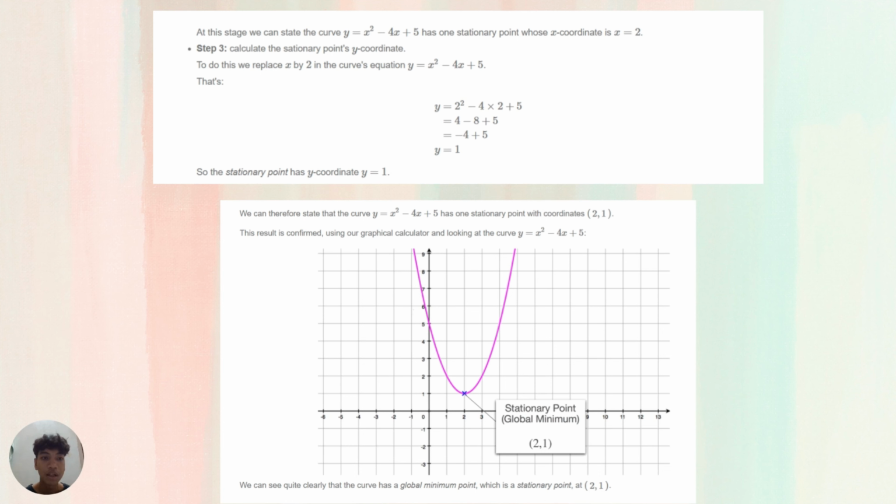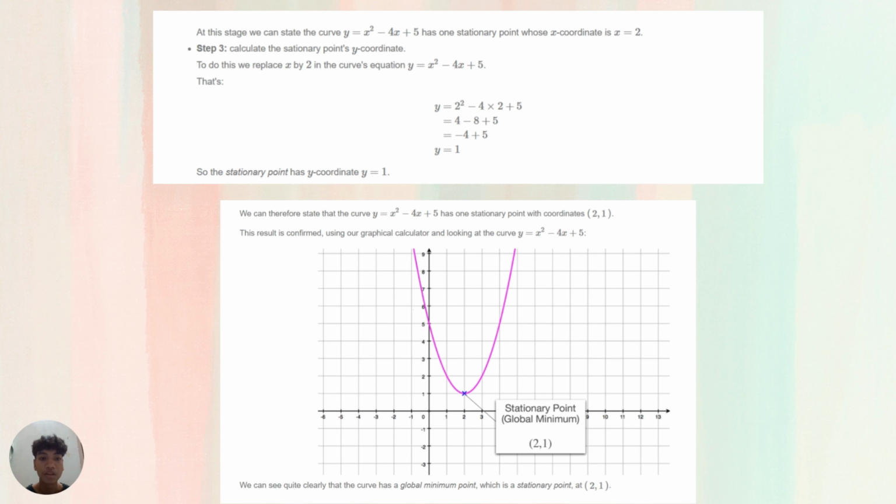Step 3. Calculate the stationary point's y coordinate. To do this, we replace x by 2 in the curve equation y equals x to the power of 2 minus 4x plus 5. So 2 to the power of 2 is 4, and minus 4 times 2 equals minus 8, and plus 5.